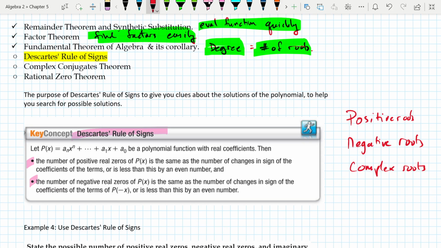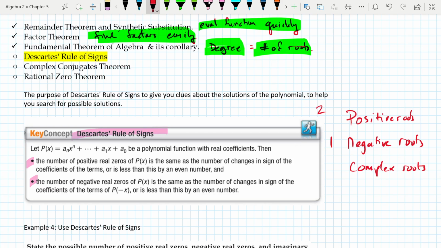Let's say I'm guessing and checking and trying to find a bunch of roots, and I've done Descartes' rule of signs, and it told me there's going to be one negative root. Well, if I find a negative number that's a root, I'm not going to look at any more negative numbers, because there was only supposed to be one. Let's say they told me there are two positive roots, and I've found one positive root.